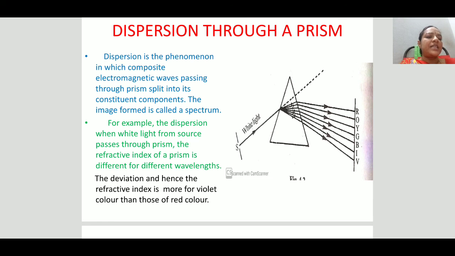When we use white light, this is not an electromagnetic spectrum. When white light is incident on the prism, after refraction this white light splits into 7 colors. This spectrum is different from the electromagnetic spectrum.